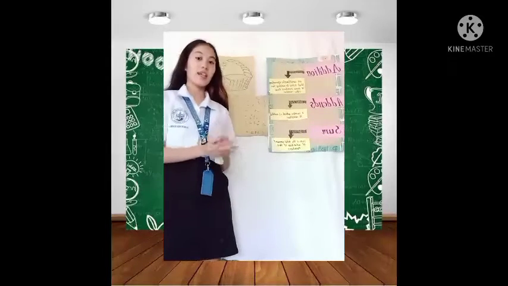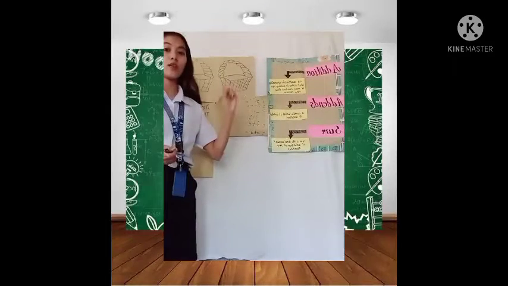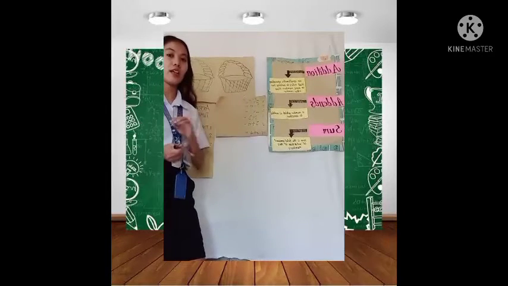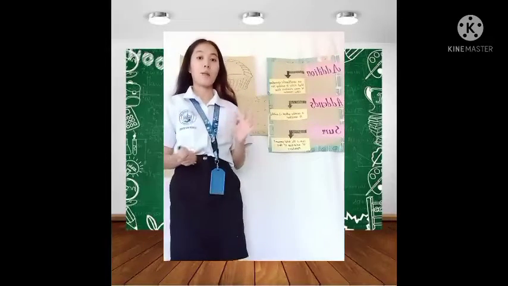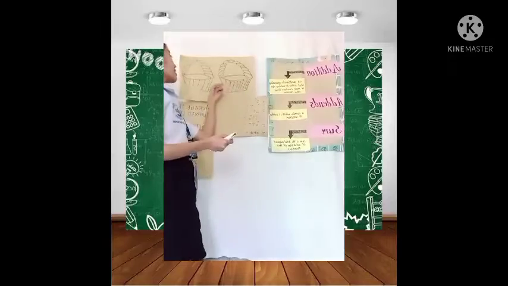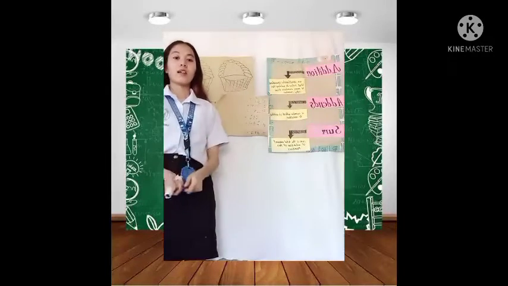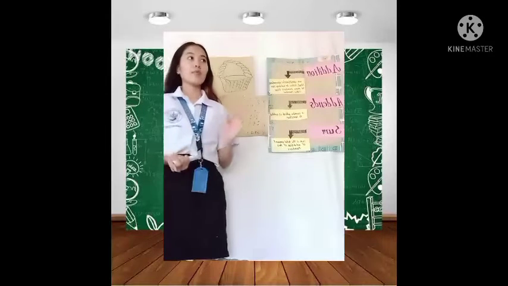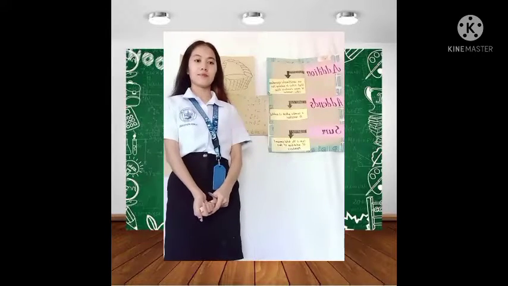So are you ready? Okay, so I have here an illustration or a drawing of two baskets. Can you see it? Okay, so I have also here some apples, and all you need to do is to place those apples in this basket. So there are two baskets that you will be putting those apples on. So any representative to go in front and place the apples in the basket.